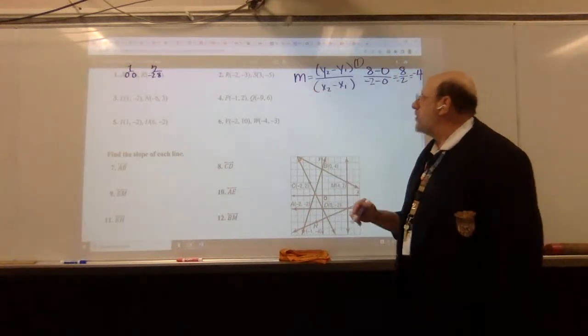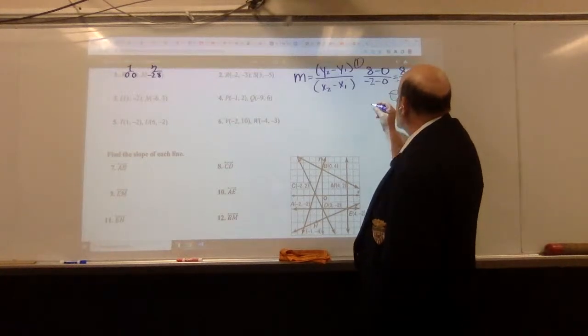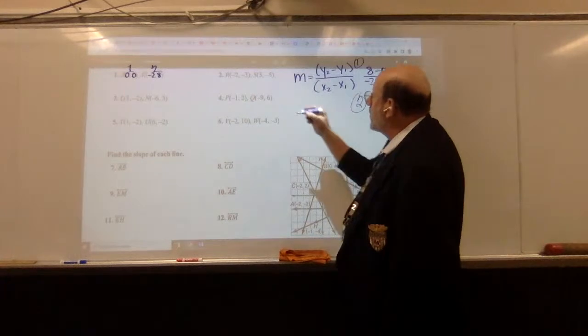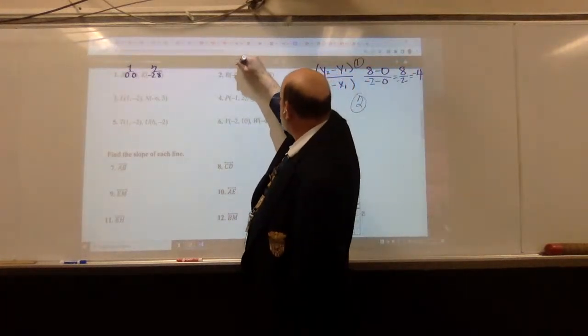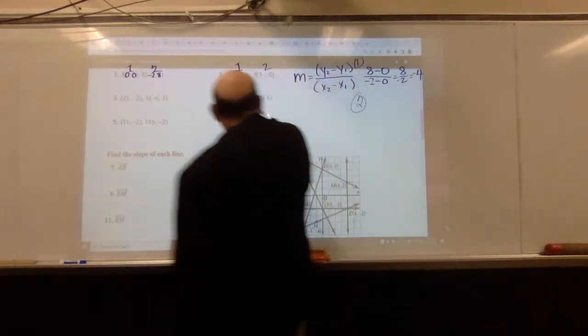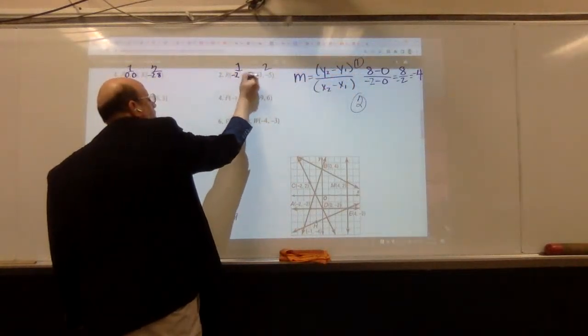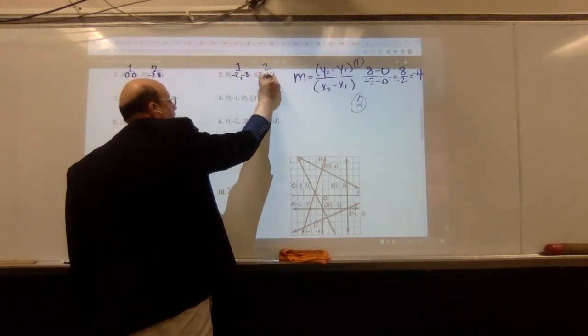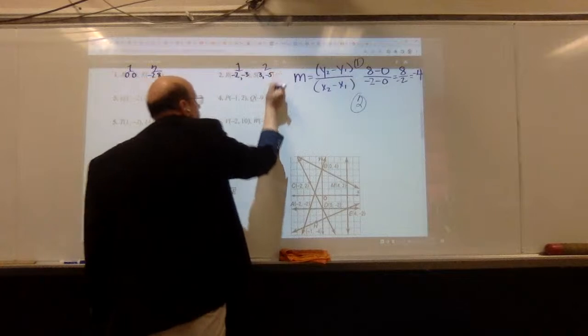Let's do number 2 because it has lots of negatives in it and you guys hate negatives. So number 2, this is coordinate pair number 1, coordinate pair number 2, and this is negative 2, negative 3, and 3, and negative 5. Good.